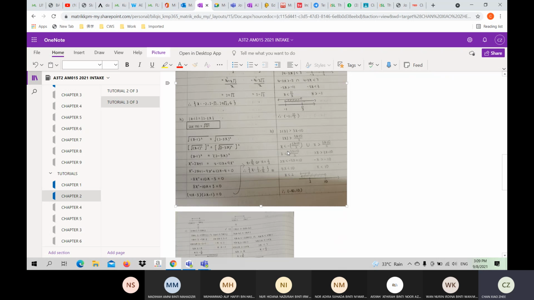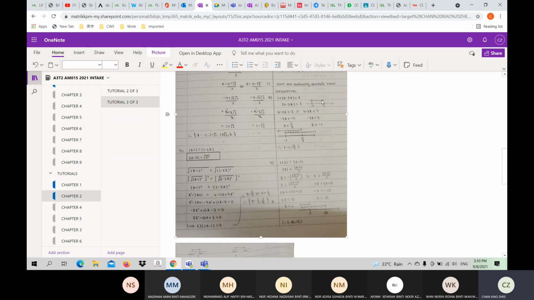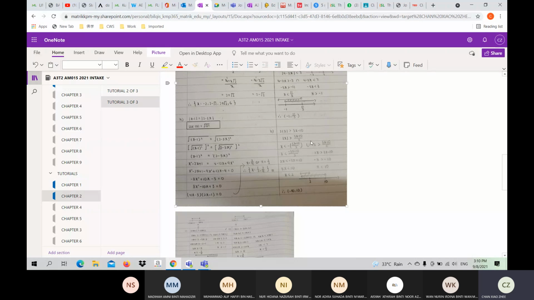B. 3 absolute x greater than 3x minus 10. Dua ini divide to right hand side akan jadi absolute x greater than 3x minus 10 divide by 2. Then macam saya tadi cakap, greater than akan guna union.